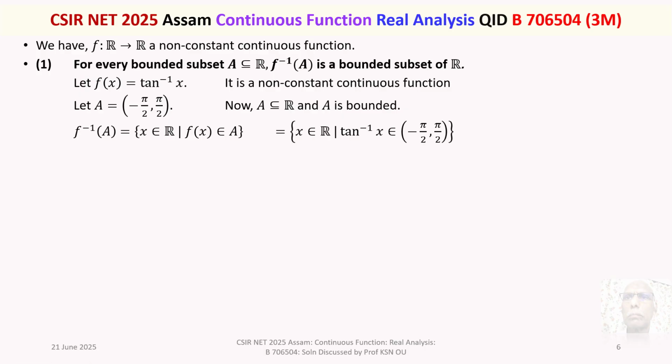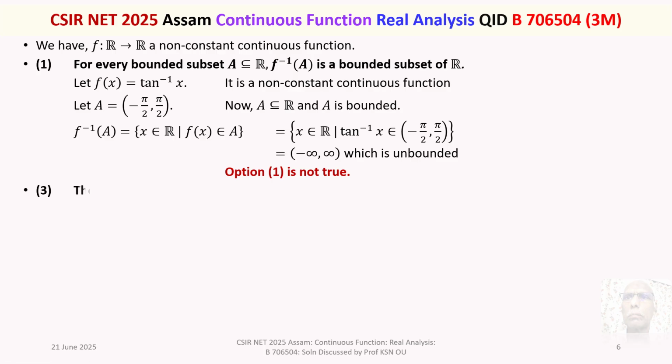Every real number will do that. So that is the open interval minus infinity to plus infinity, the whole of the real number line. Obviously, this is unbounded. So we have A is bounded, but its inverse image is not bounded. Therefore, option 1 is not true.